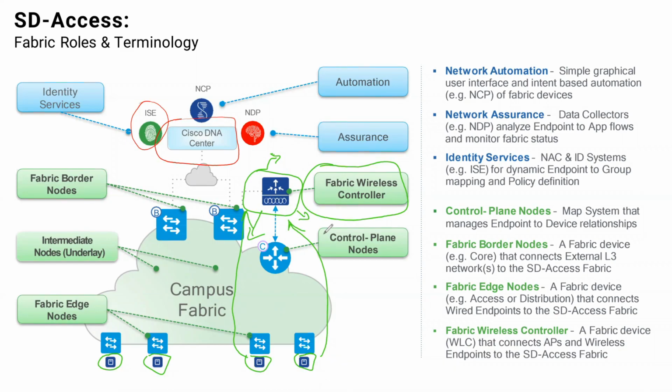There, Cisco has given a wonderful option where you can enable the wireless functionality even on the border node. There is a thing known as fabric in a box, which we call the border, the control plane, the edge, and the wireless controller, everything on one node.